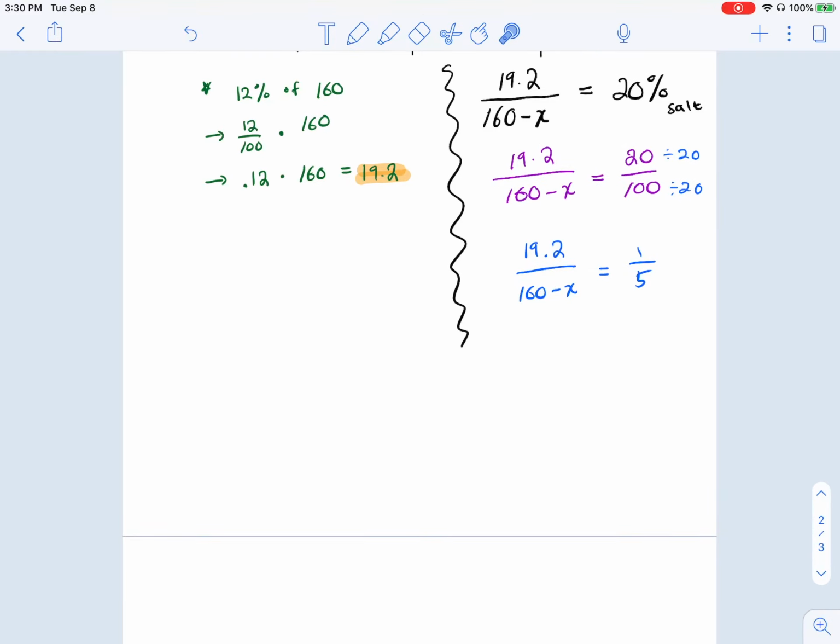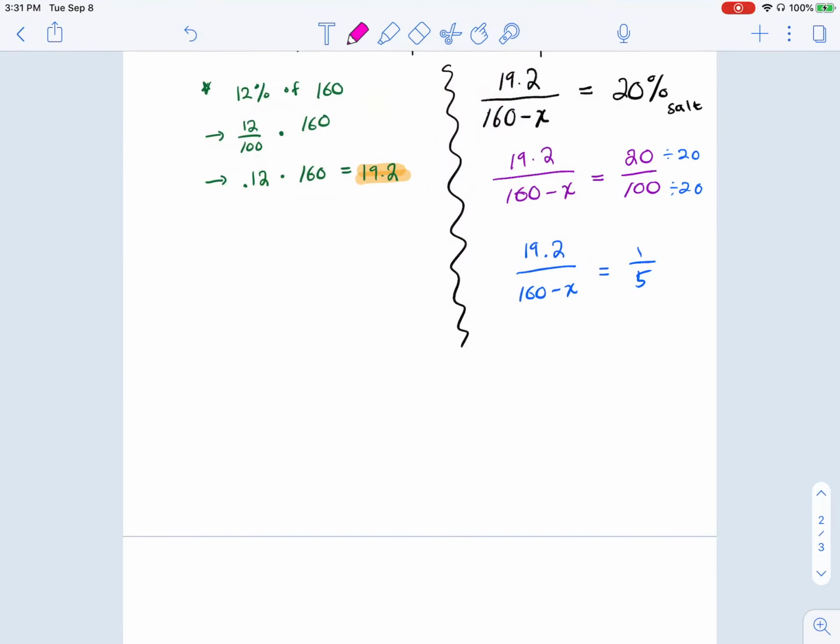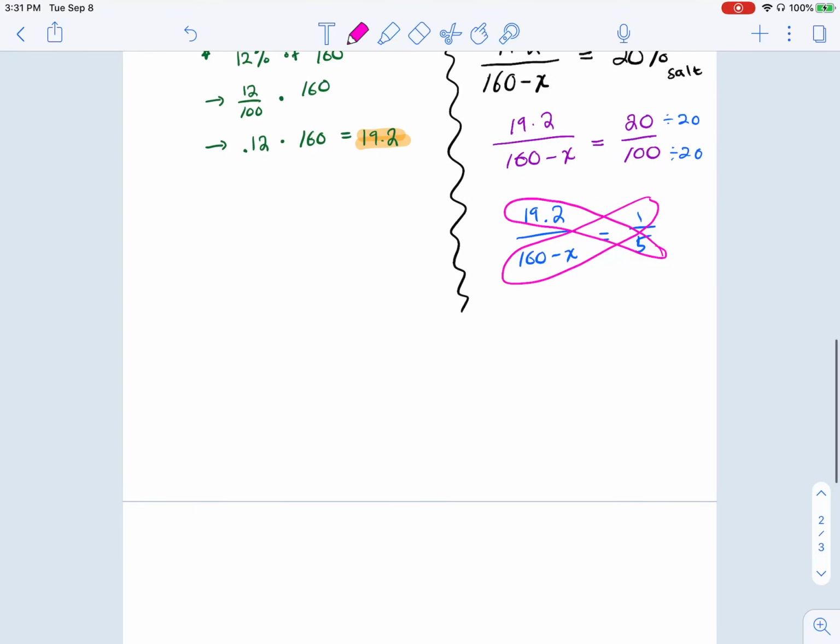Then from here, my x is in the denominator, which I don't want, because in order to solve for x, it has to be in the numerator. I am going to cross multiply. I'm going to multiply these two terms together and then these two together. So we have 19.2 times 5 is equal to 1 times 160 minus x.